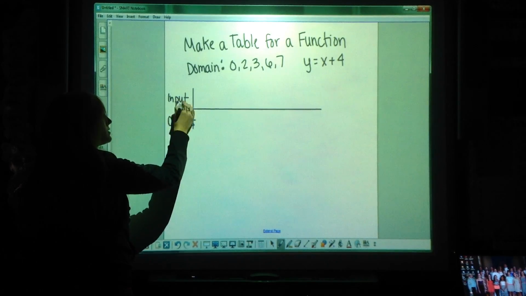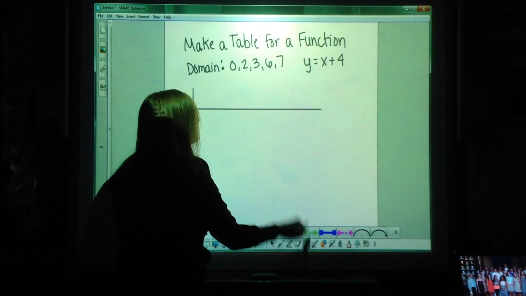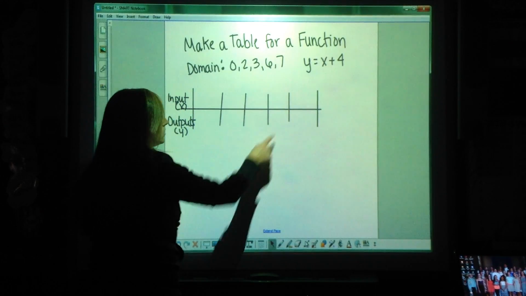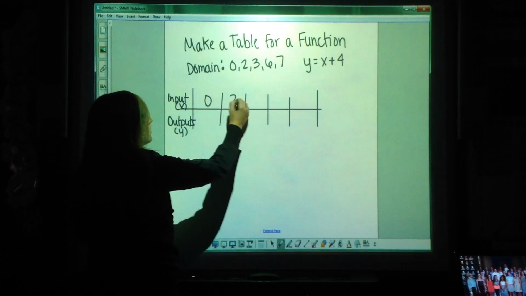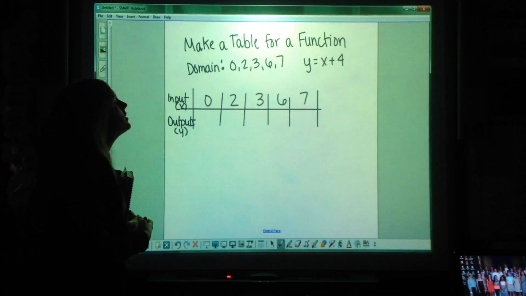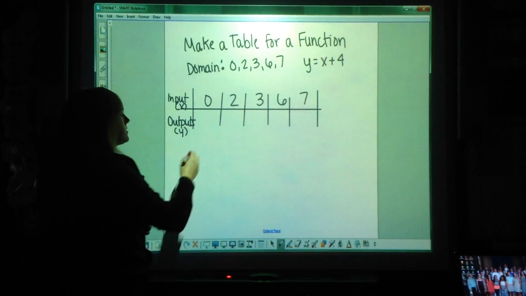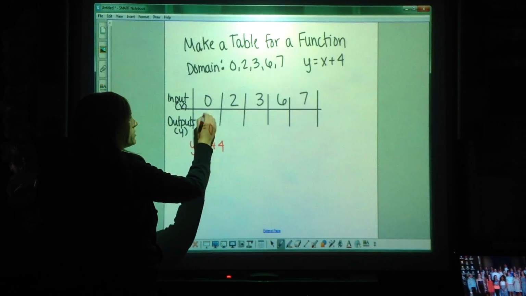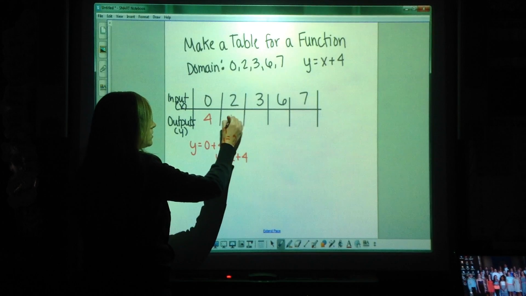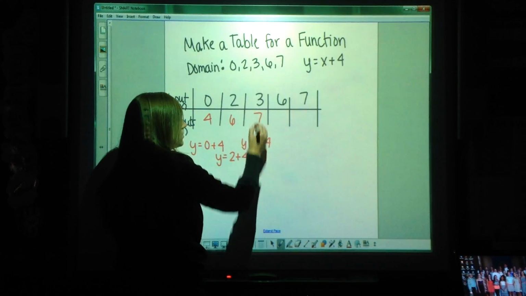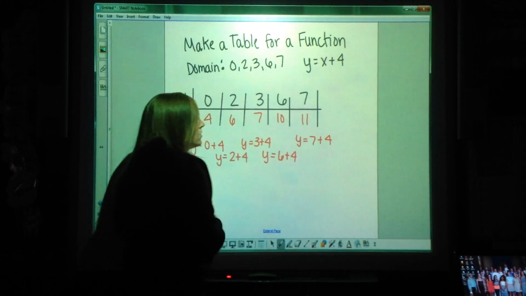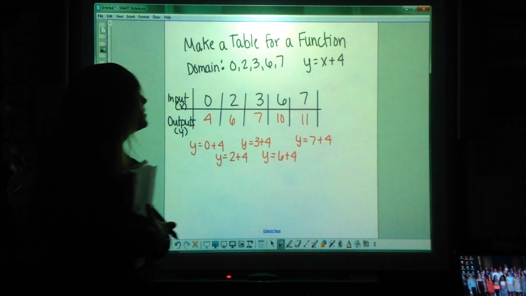Remember that your input means x and your y find your range.